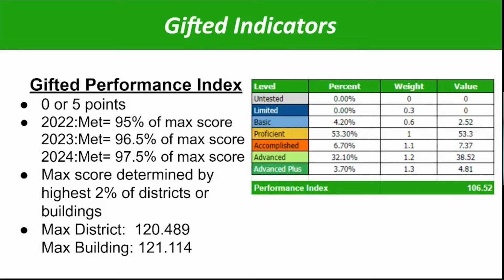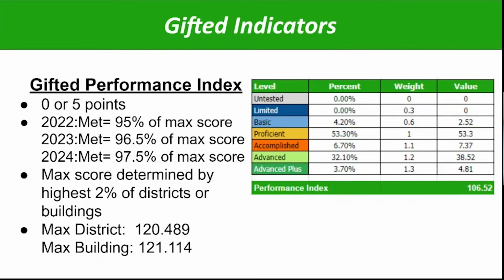And then as they were recalculating this for achievement, they said, well, instead of using the max score, it's more fair if we use the highest 2% of all the buildings or the districts, depending on which type of report card we're looking at. Now, when we do that for a gifted, that actually makes this number higher in some situations.